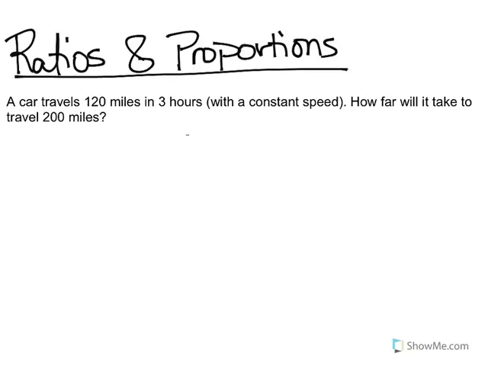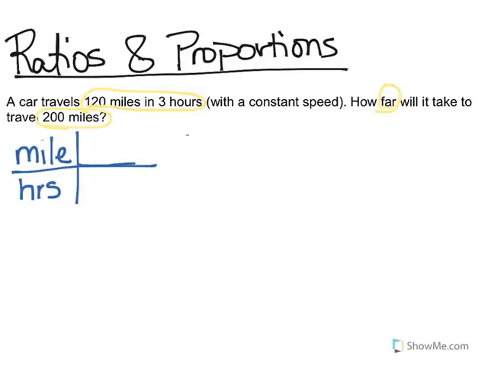In this problem, I know it's important that we have 120 miles in 3 hours. And I know that we are looking for the time for 200 miles. So I asked myself, what am I comparing? I am comparing my distance of miles to hours.